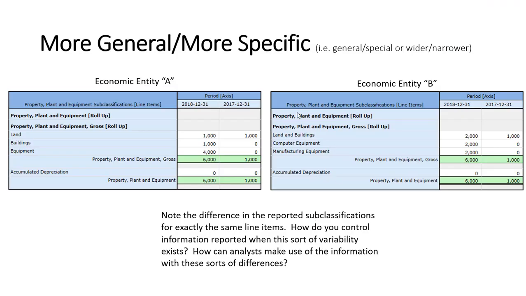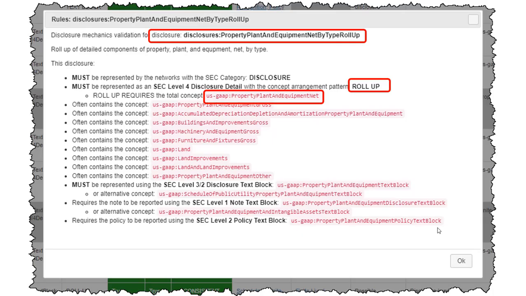Here you can see two specific examples, and they're different. They both have the same total concept here, but the line items are different. But I can still find the disclosure because they're both roll-ups. They both have the same total, and they both have some of these concepts.